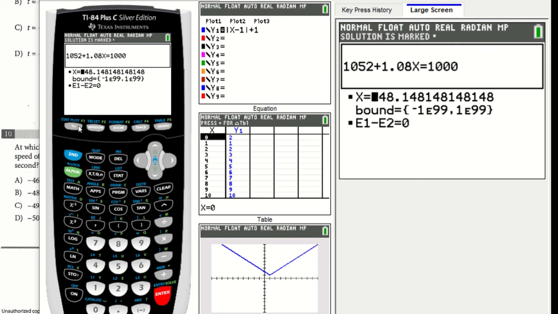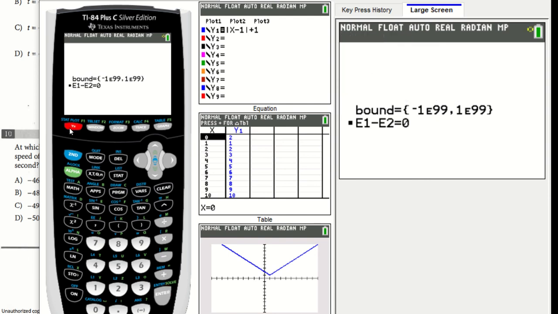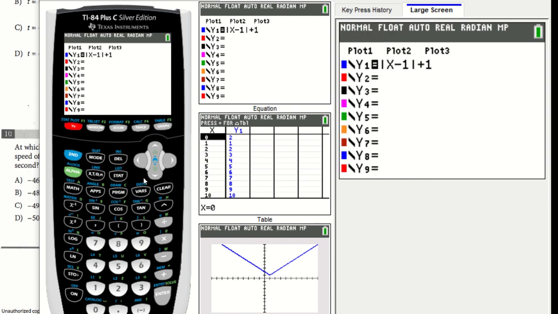What if you wanted to think about this problem graphically? The way that I would do that is I would clear this, and graph out each of our equations. So we'll say 1052 plus 1.08x, that's our first equation for y, and now our second equation will be 1000.